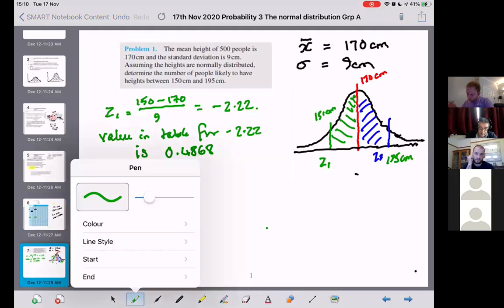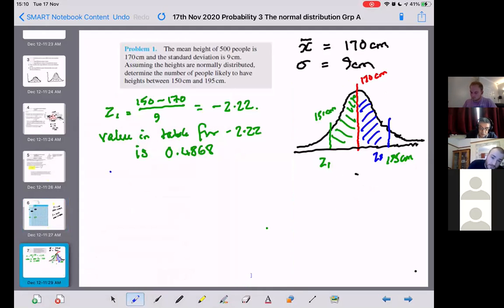To get the blue area, we need Z2, and that's equal to the value we're looking at, 195 minus 170, again over 9, and see what we get. 2.78.